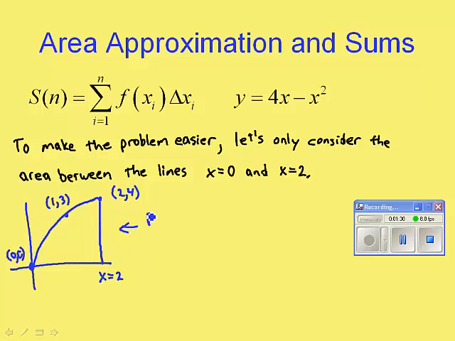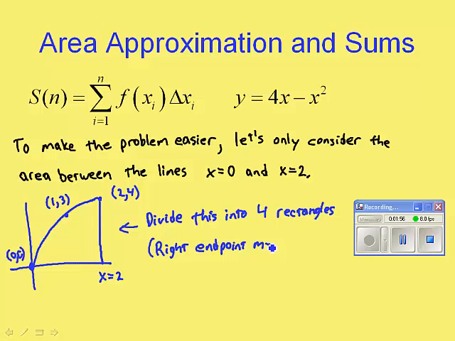So now the idea is, let's divide this into 4 rectangles. And your book is going to call what I'm doing here the right endpoint method.